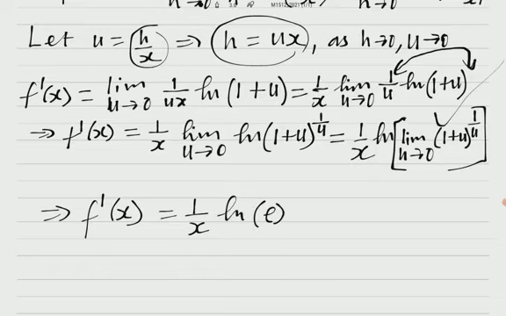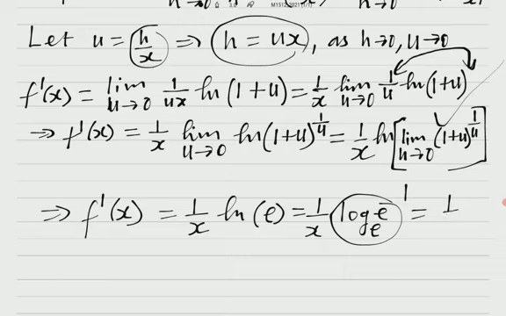And you should know by now from last semester that ln is log base e, so this term is nothing but 1. So you are left with 1 over x. Therefore, we can conclude that the derivative of this logarithmic function is 1 over x. Good news for this portion.